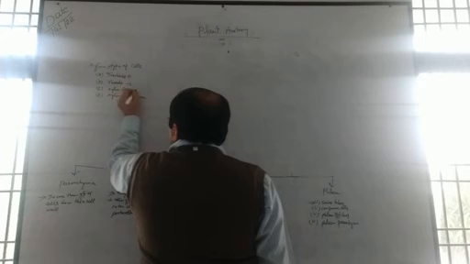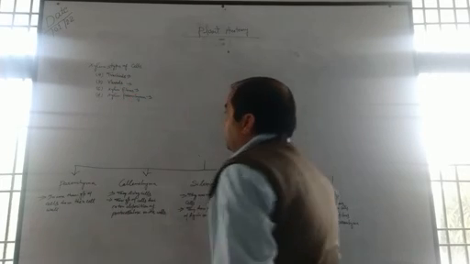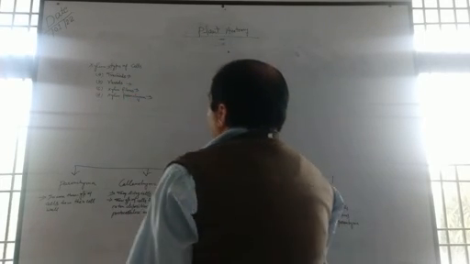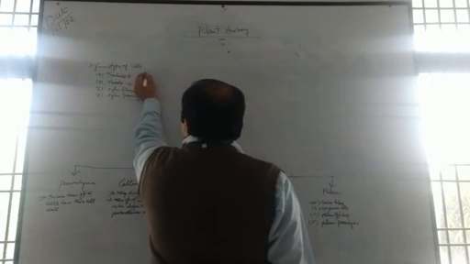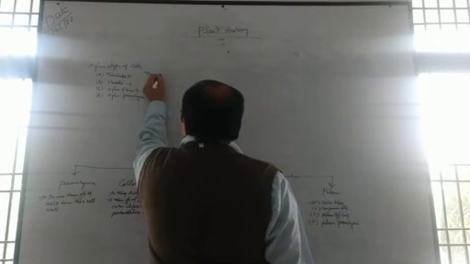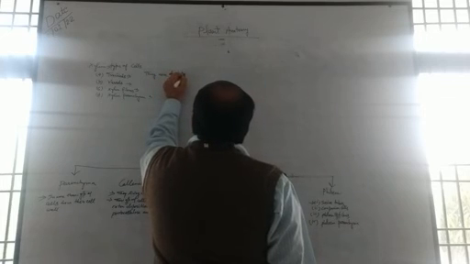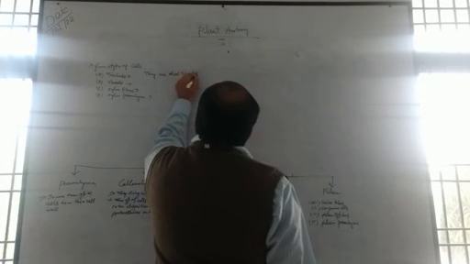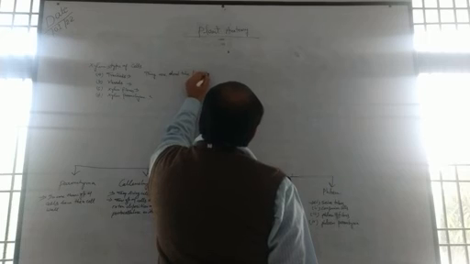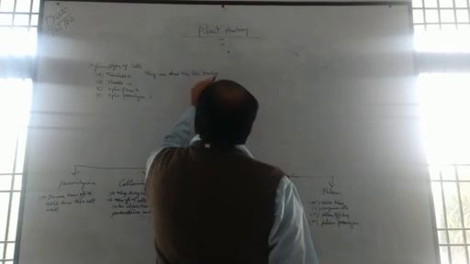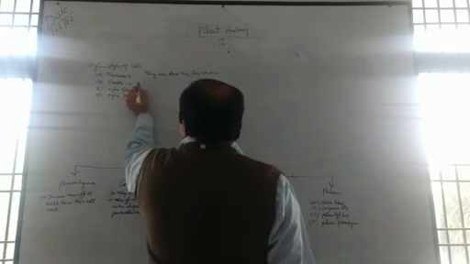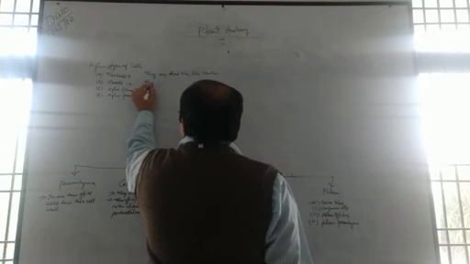Now let us discuss their functions one by one and their specific features. Tracheids are dead tube-like structures, while vessels are found in angiosperms.